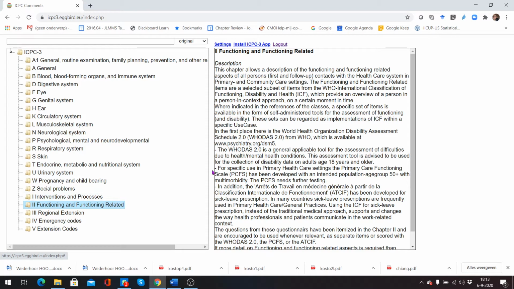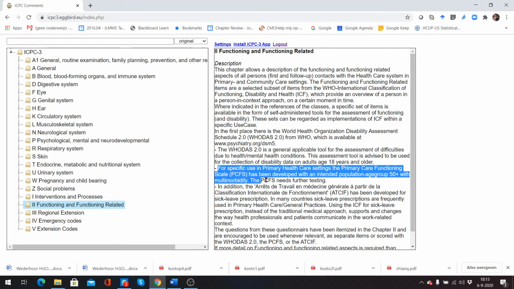And as a specific application for primary health care, together with a group of patients, the Primary Care Functioning Scale has been developed with an intended population age 50 plus with multimorbidity. Especially within multimorbidity, the problem of functioning is often a more important concern than the conditions itself.